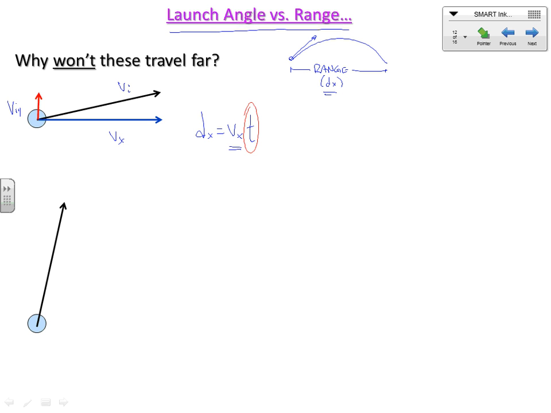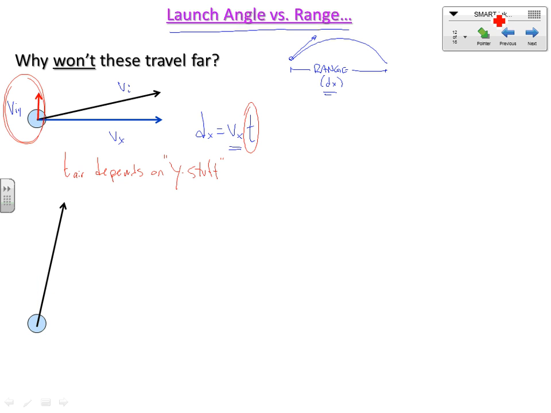Well, it's small because of this. Remember the other day we said time in the air, or just yesterday, depends on y stuff? It depends on, well, in this case, initial vertical speed. And since this thing isn't shot upward very fast, it has a small hang time, right?